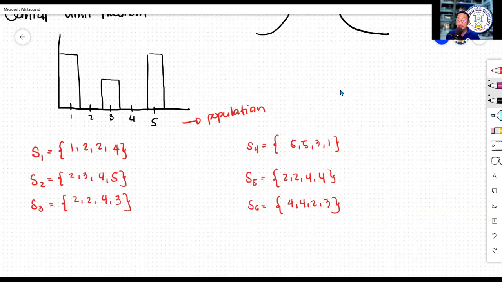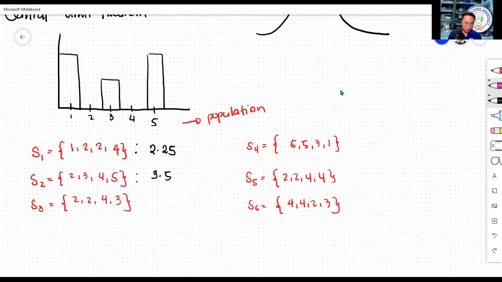Anyway, next we're going to solve for the mean of each sample. So what's the mean of 1, 2, 2, and 4? 1 plus 2 plus 2 plus 4 divided by 4, the mean is 2.25. I'm not going to write an equal symbol. And then the mean here is 2 plus 3 plus 4 plus 5 divided by 4, that's 3.5.